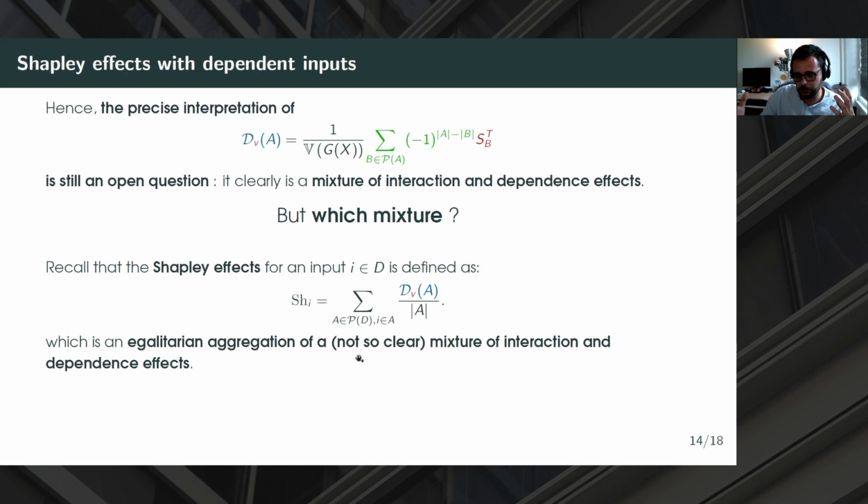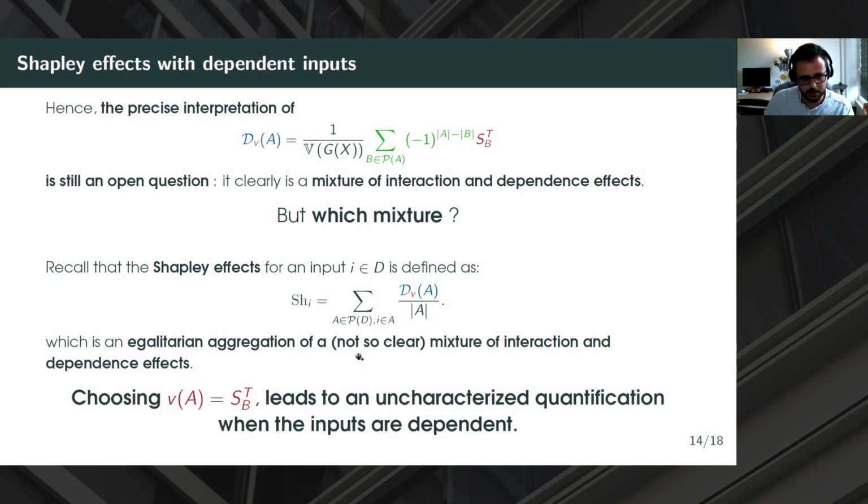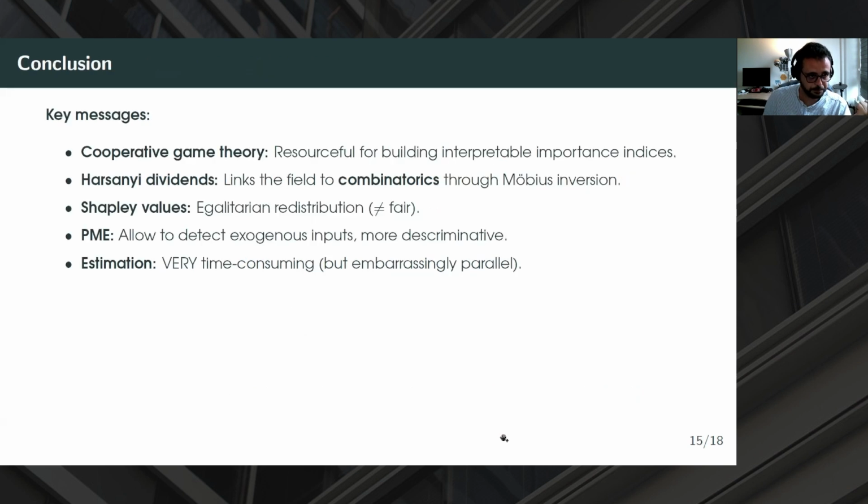Even though the output is nice, which means that it can be interpretable, we cannot really understand what it quantifies. So in essence, choosing this value function leads to an uncharacterized quantification when the inputs are dependent.